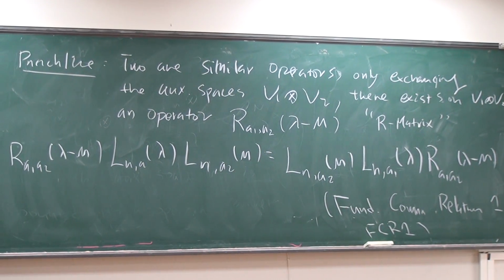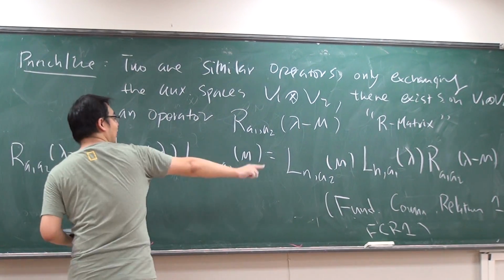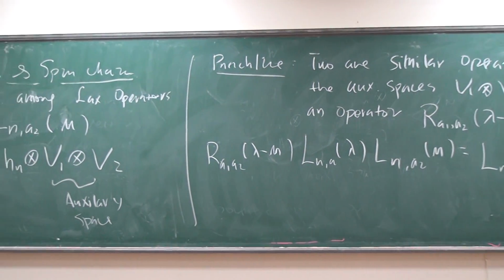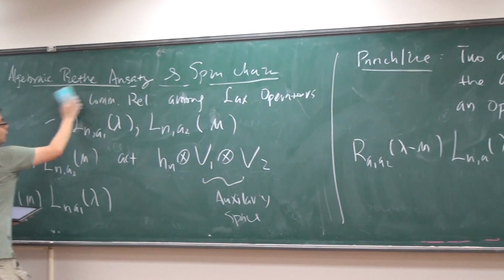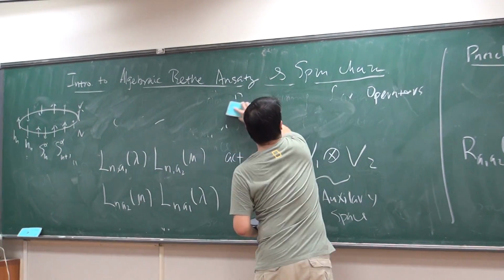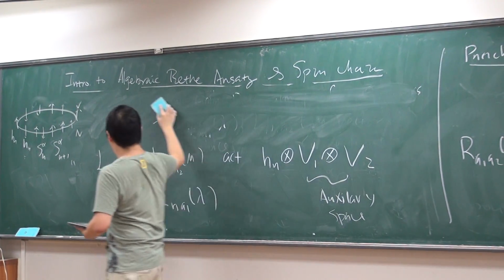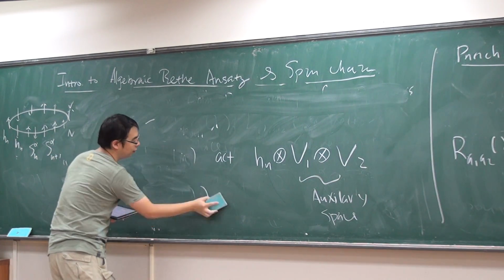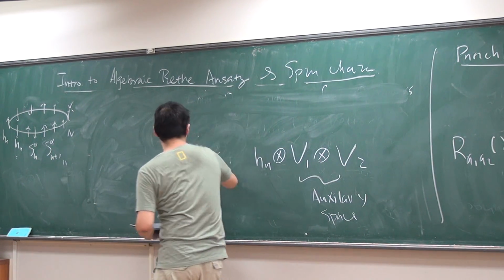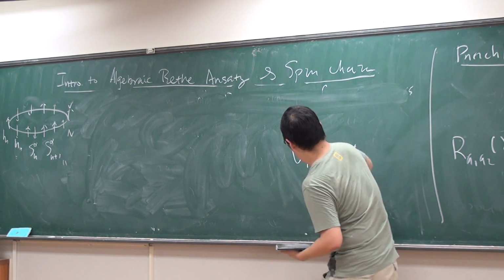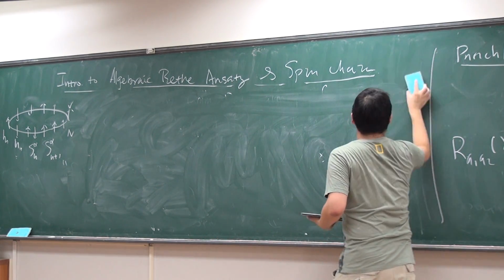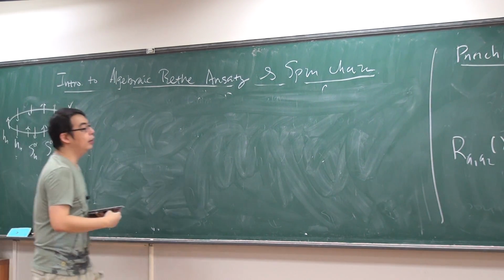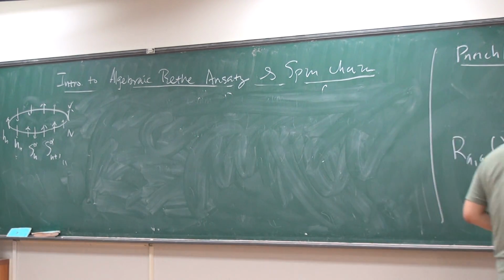So what's the diagram for this relation? Some of you may have seen this before, and this kind of diagram appears in all sorts of places in mathematical physics and higher physics.